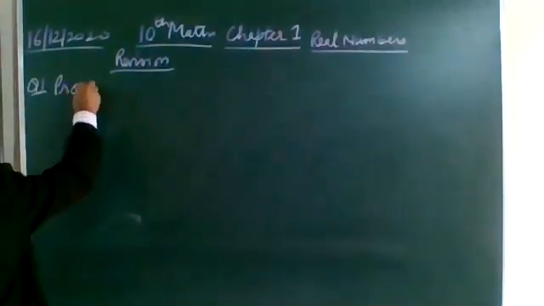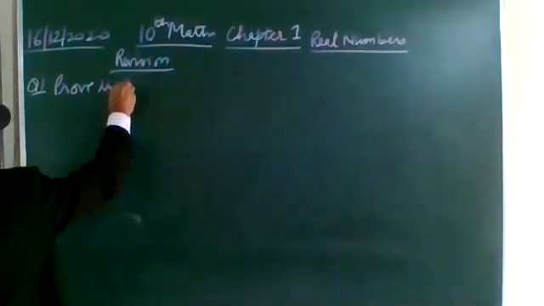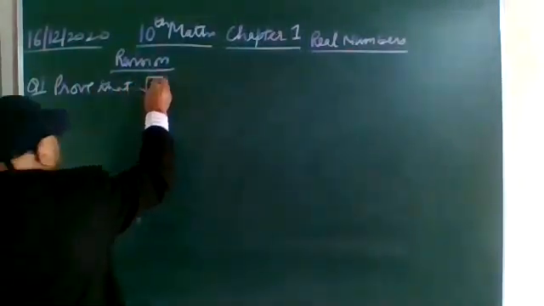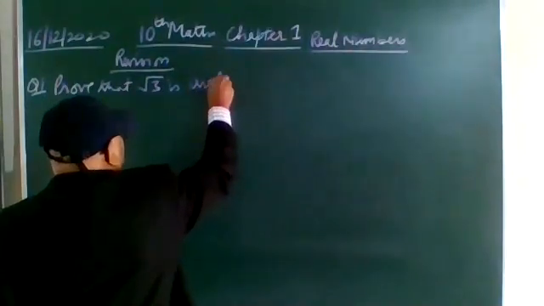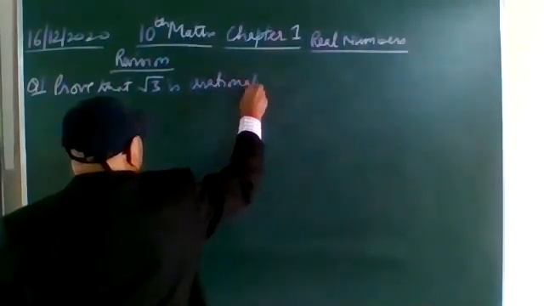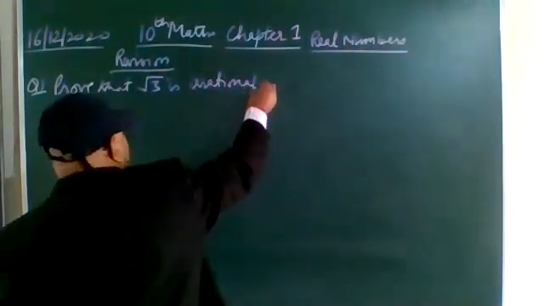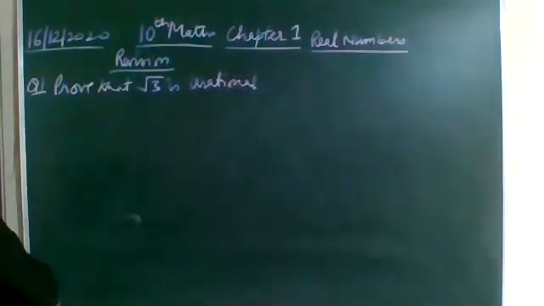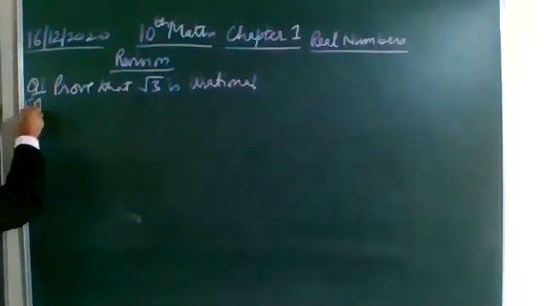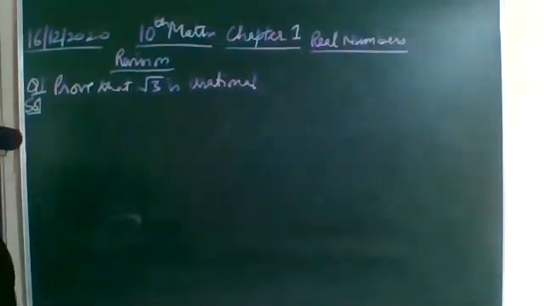Prove that root 3 is irrational. When we talk about irrational, so what do you write? Here in this question, there are the following steps you do.